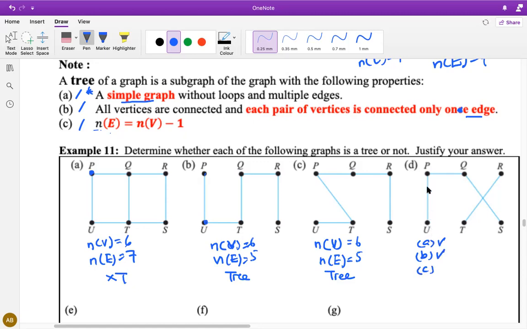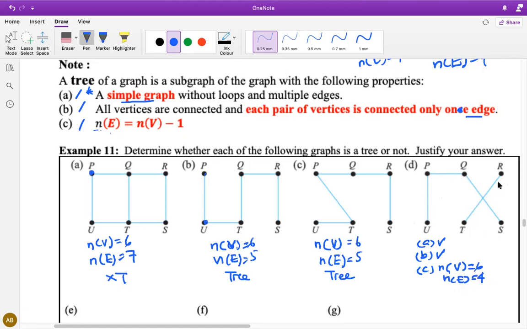C, okay, 1, 2, 3, 4, 1, 2, 3, 4, 5, 6. So the number of vertices is 6. Number of edges 1, 2, 3, 4. Okay, so it did not fulfill C, because the number of edges must be one less than the vertices, but this one is 4.